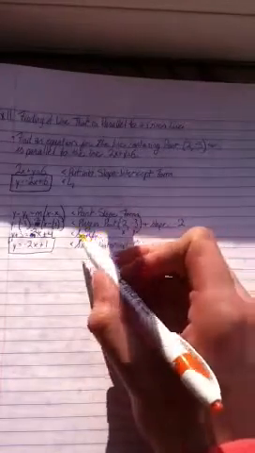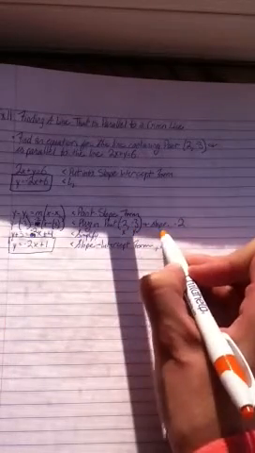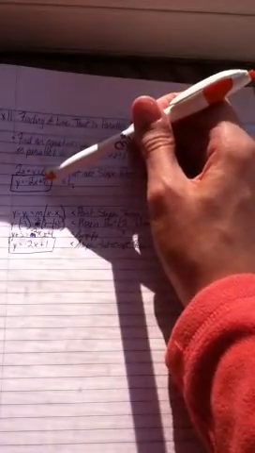The way that we do this is we plug in the point that we have and the slope that was given to us. 2 is our x, negative 3 is our y, and our slope is negative 2, and you can get that from up here. That's what was given to us. So we're just going to plug that in.